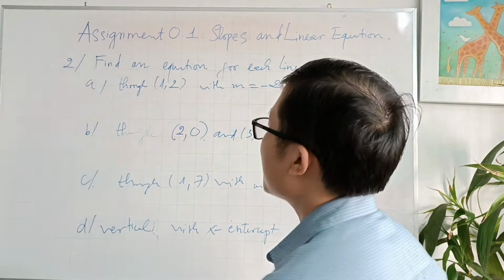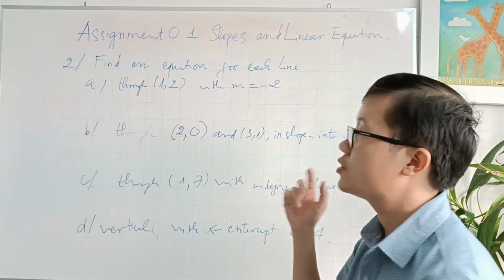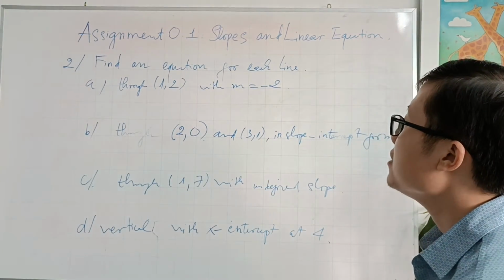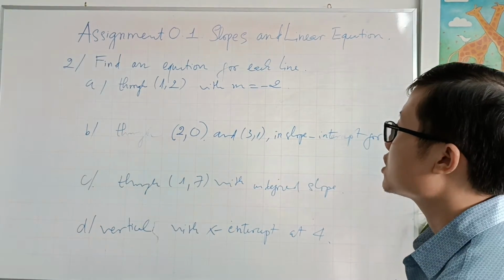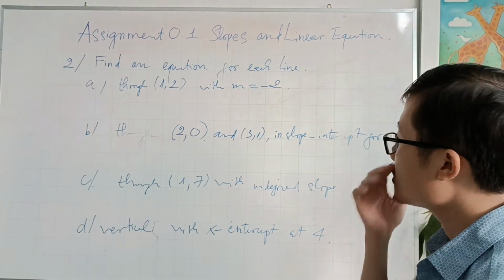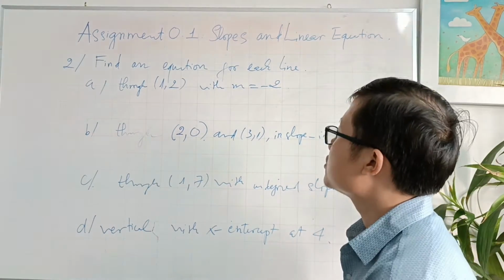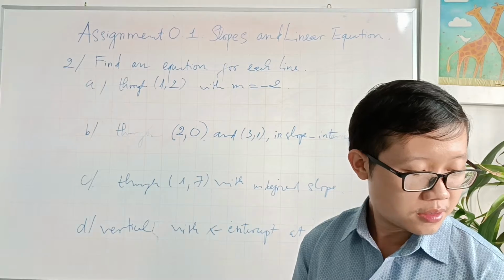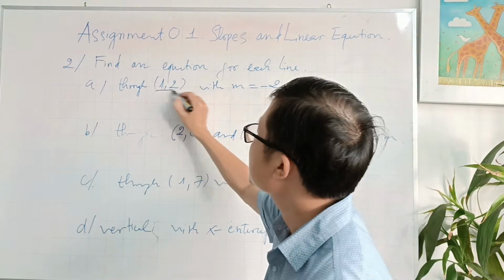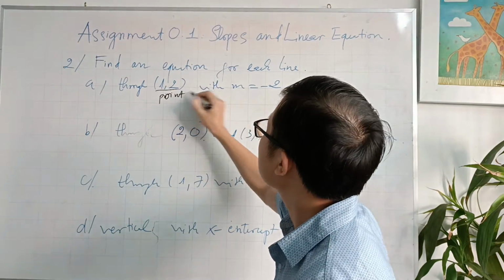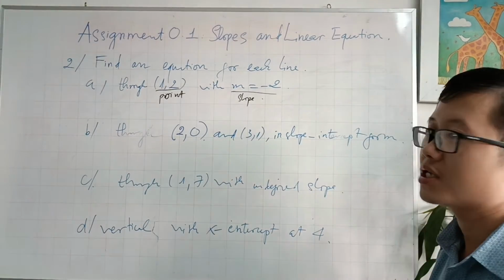In question A, the line is through the point (1, 2) with the slope m equals -2. So we just apply the point-slope form, point and slope, to find the equation of each line.